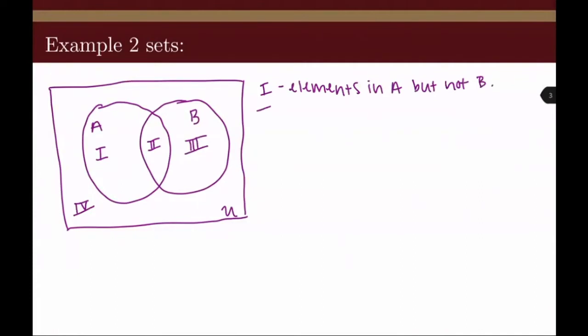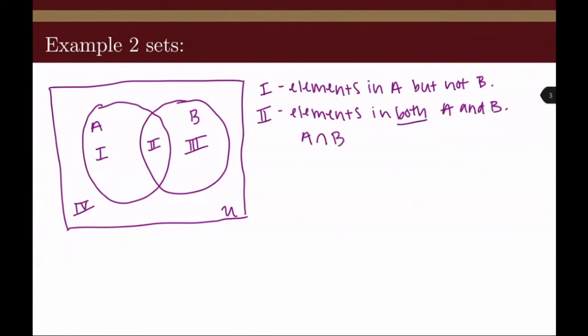Roman numeral 2 are elements in both A and B. This has a fun name and great notation. It's their intersection.